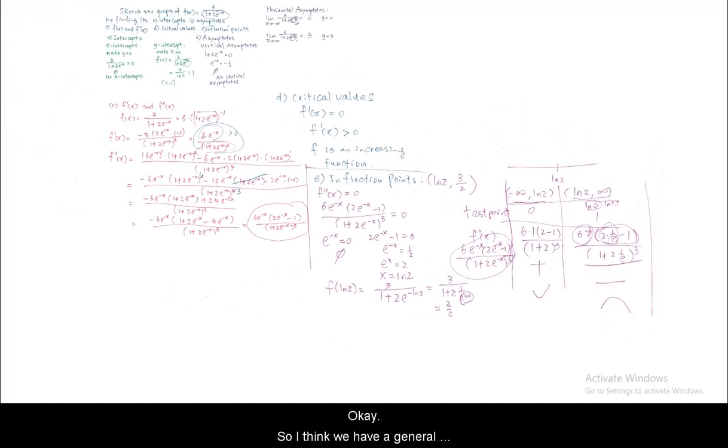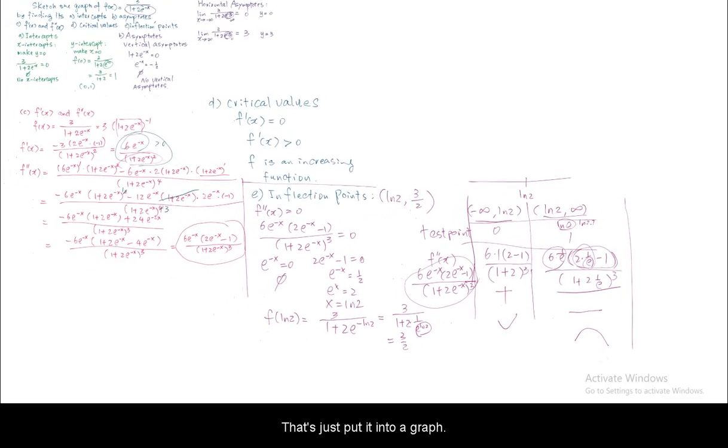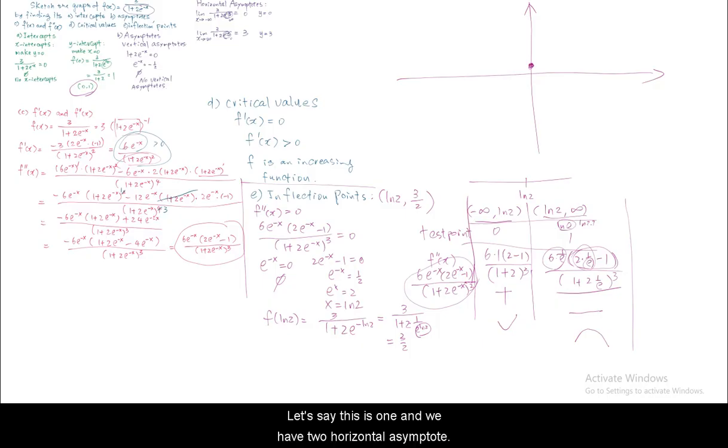All right. Okay, so I think we have a general idea of how the graph looks. Let's just put it into a graph. So we have one y-intercept at 0, 1. Let's say it's here, 0, 1. Let's say this is 1. And we have 2 horizontal asymptotes. We don't have any vertical asymptote.